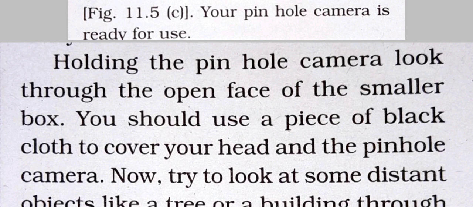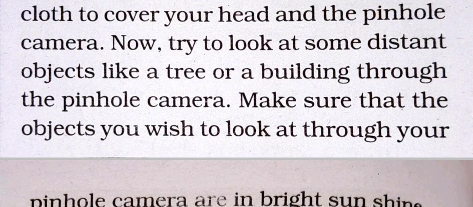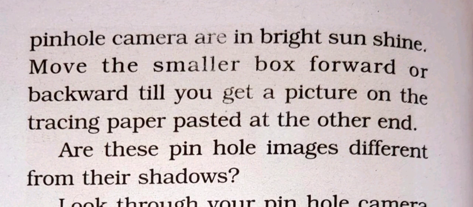Make sure that the objects you wish to look at through your pinhole camera are in bright sunlight, then only this pinhole camera works. If whatever object you want to see is not visible, move your smaller box forward or backward till you get the clear picture on the tracing paper.